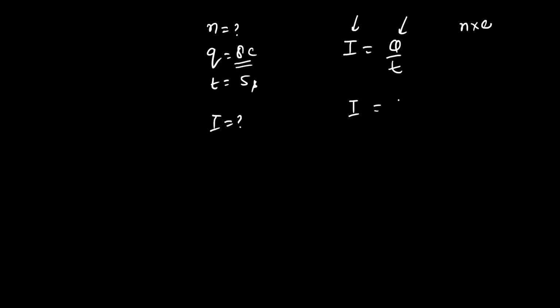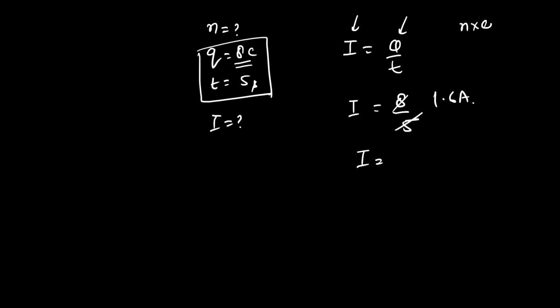Charge is given to you, 8, you write 8, and time is given, that is 5, write 5. Then I is equal to Q upon T. Got it? Then you divide it, you will get 1.6 ampere. So the current here is 1.6 ampere that is passing.